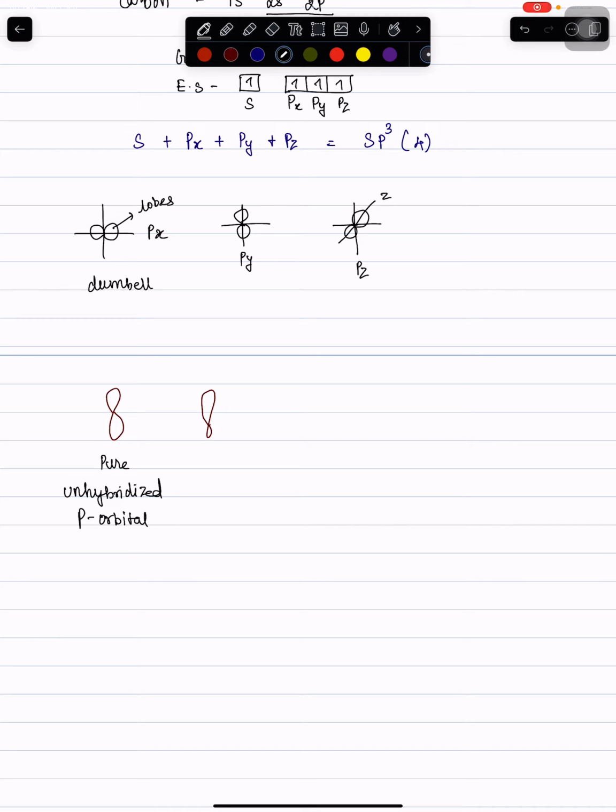Now, a pure unhybridized orbital, on hybridization, will give something like this. So this is the structure of a hybridized orbital. The lobes will be unsymmetrically arranged like this. This makes it more directional, and then it forms a bond easily.